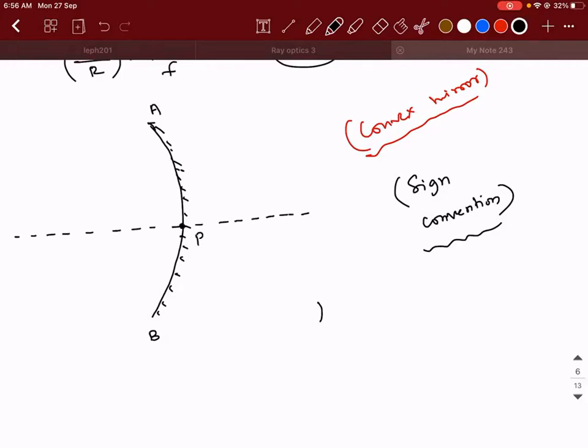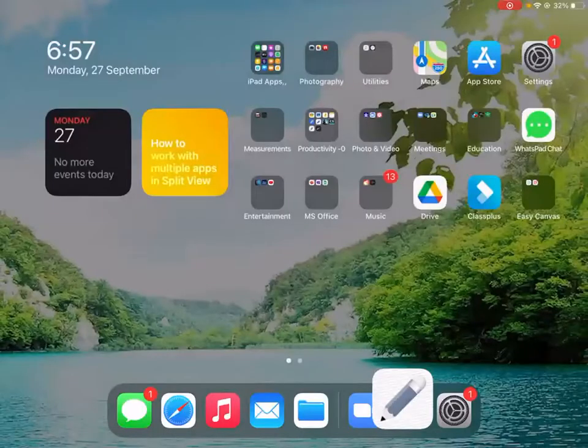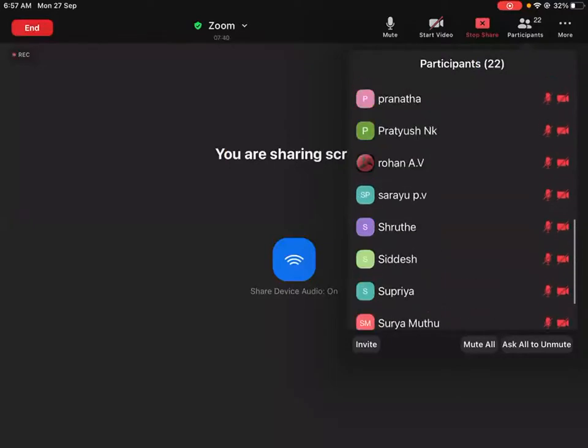Now, if I take this as the point P, generally the point P is considered as the origin. Any distance measured on the left of the pole is considered to be what, positive or negative? Negative, sir. Yes, correct.